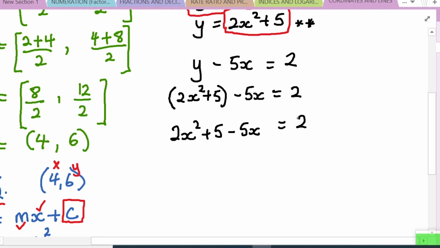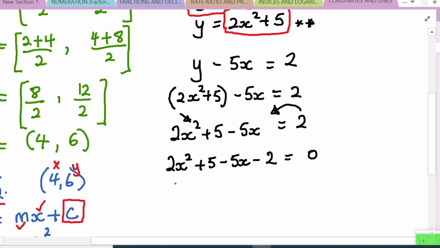We can already see that this is a quadratic equation because its highest power is 2. And we all know quadratic expressions are equal to 0. So let's get this 2 this way and solve the quadratic expression. So it's going to become 2x squared plus 5 minus 5x minus 2 is equal to 0.